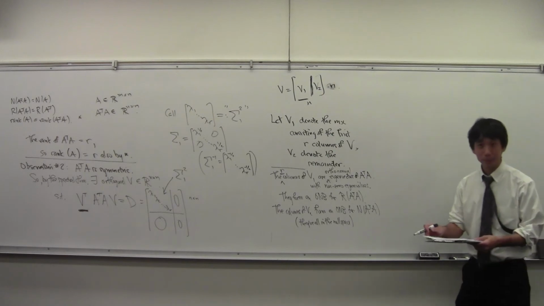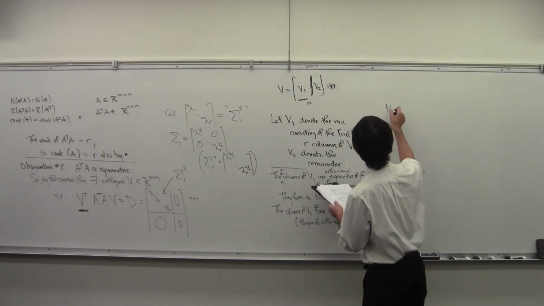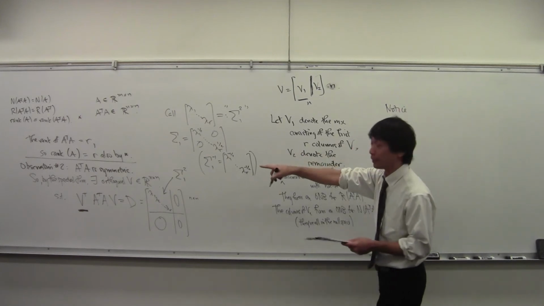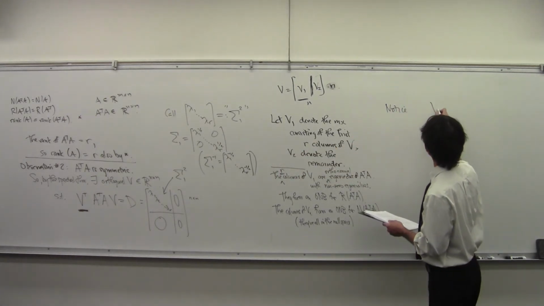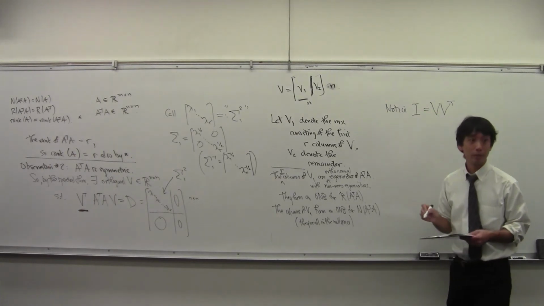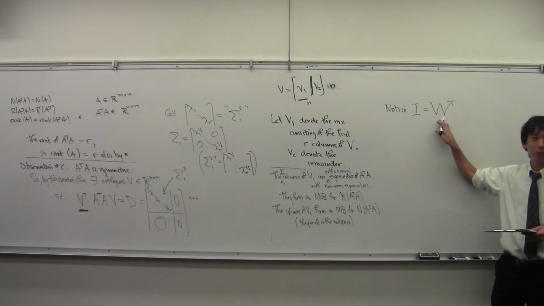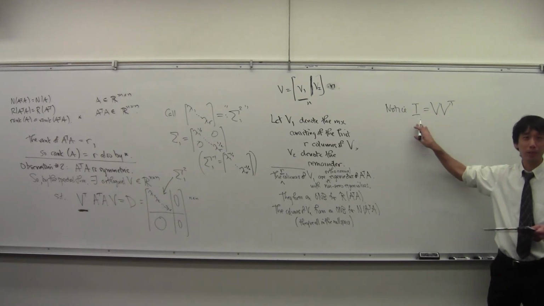So notice, V was orthogonal, so V times V transpose is the identity matrix. If you're orthogonal, you multiply yourself by your transpose, that's the identity; your transpose is your inverse matrix.